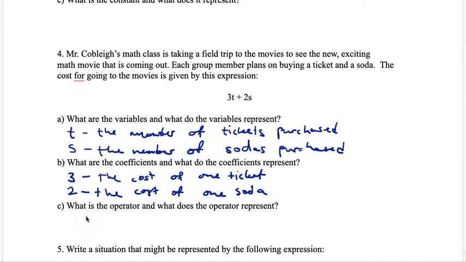And the operator here is the plus, because it's adding the 2 together. It represents the sum of tickets and sodas, right? The sum cost of the whole lot.